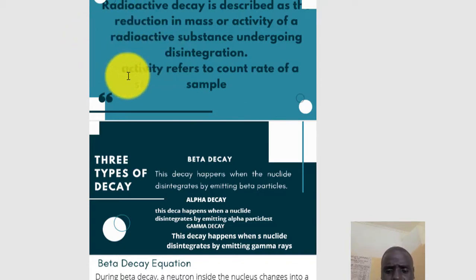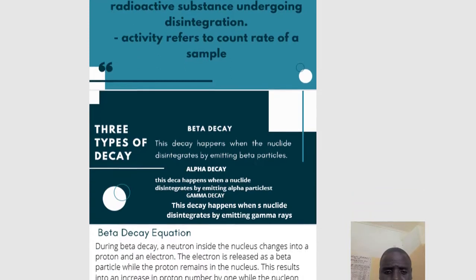So that is the reason why radioactive decay is not just described in terms of reduction in mass, but it is also described in terms of a reduction in activity of a radioactive substance that is undergoing this disintegration. Remember, activity simply refers to the count rate of a sample. And we covered what count rate is in our previous lesson.